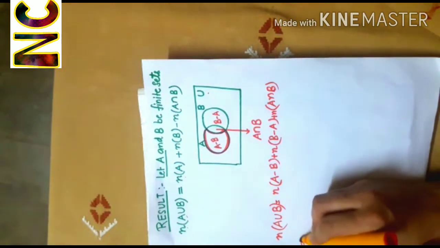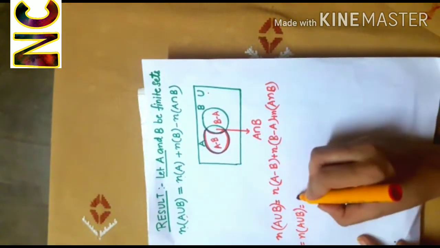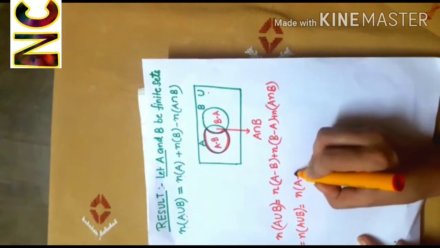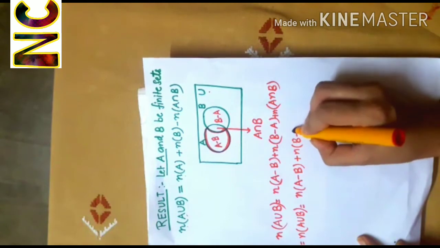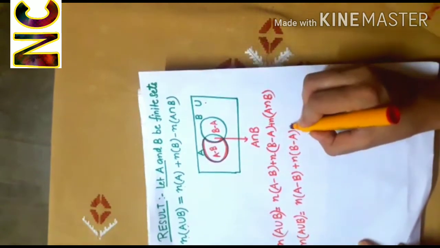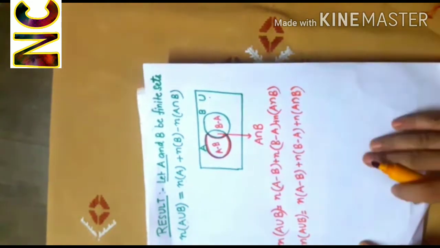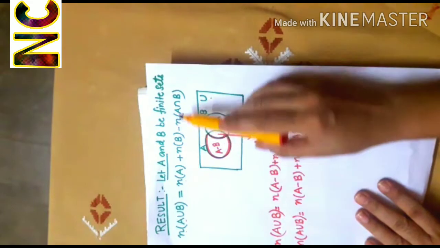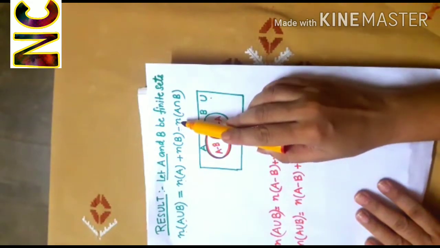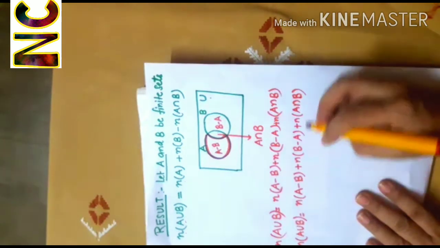Now look here. I can write this as number of elements in A minus B plus number of elements in B minus A plus number of elements in A intersection B. Now look here. In this result, I want minus number of elements in A intersection B. So what do I do?